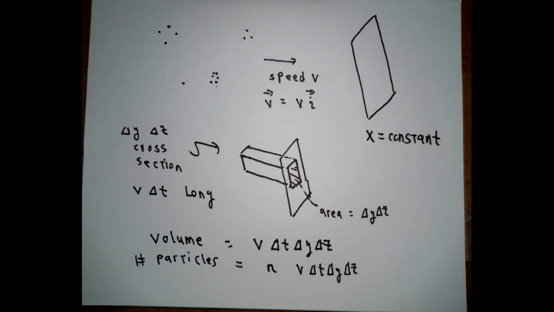Each particle, though, has an amount of mass, m, so I can tell you how much mass passes through the indicated rectangle as well. The amount of mass that passes through the indicated surface in the indicated area in the indicated time is the mass of each particle times the number density times the speed times delta t times delta y times delta z.